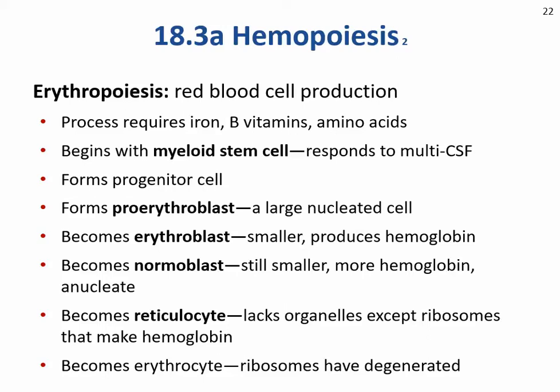So the progenitor cells will undergo a lot of mitosis and make copies of themselves. They start to differentiate and they become something called a pro-erythroblast. So it means before red blood cell former. What they really are doing here is the nucleus starts to really enlarge.